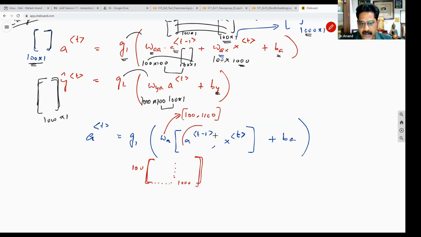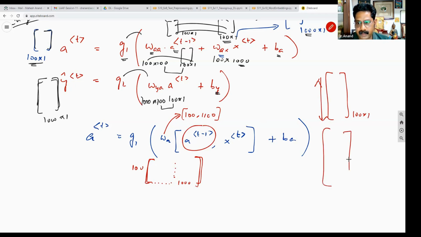Now you have already concatenated this other part, right? What is the size of A t minus 1? My previous state memory, 100 by 1. This is concatenated vertically. And what is the size of my X t? 1000 by 1, right? So what is the overall representation of these after concatenation?